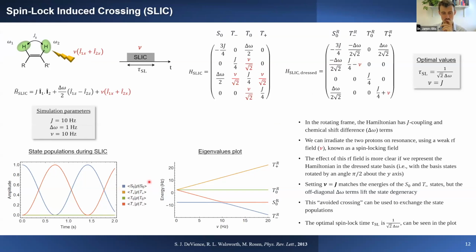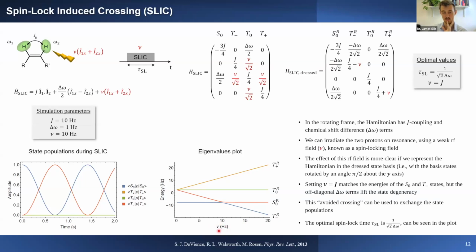Okay, so what's going on there? A nice way to represent this is using an eigenvalues plot. And using this, we're looking at what's called a level anti-crossing here. So what's plotted here are the state energies of these rotated states for different spin lock amplitudes.